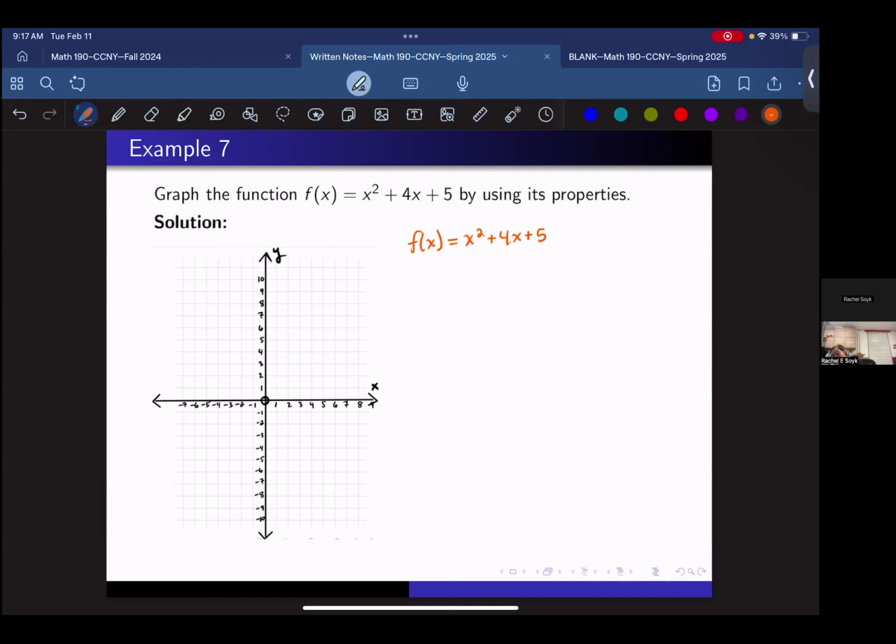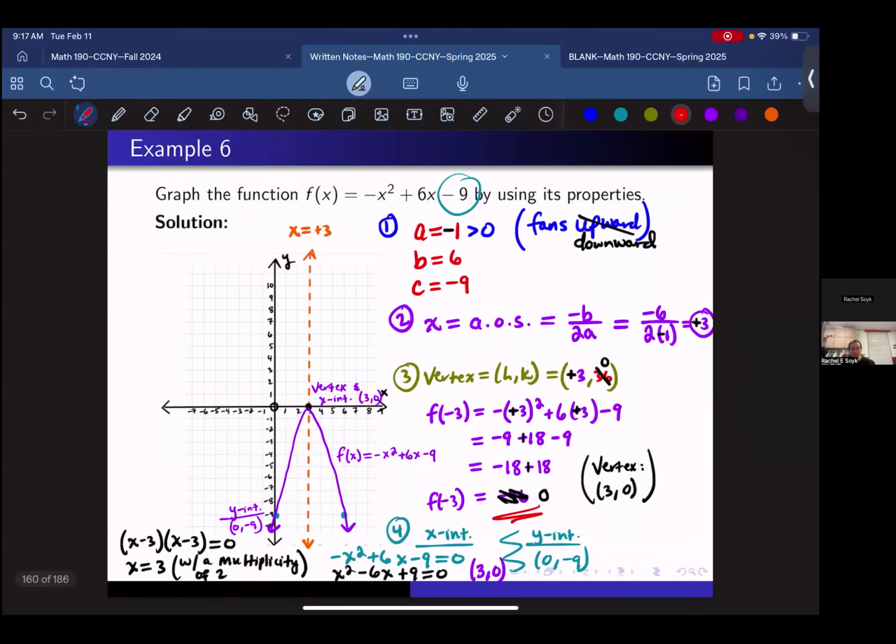Let's first identify our a, b, and c values: 1, 4, and 5, and double check you're not missing any negatives here. We're not. Our a is positive here, which means it's going to fan upwards this time, whereas if you noticed on the previous slide, it was fanning downward.